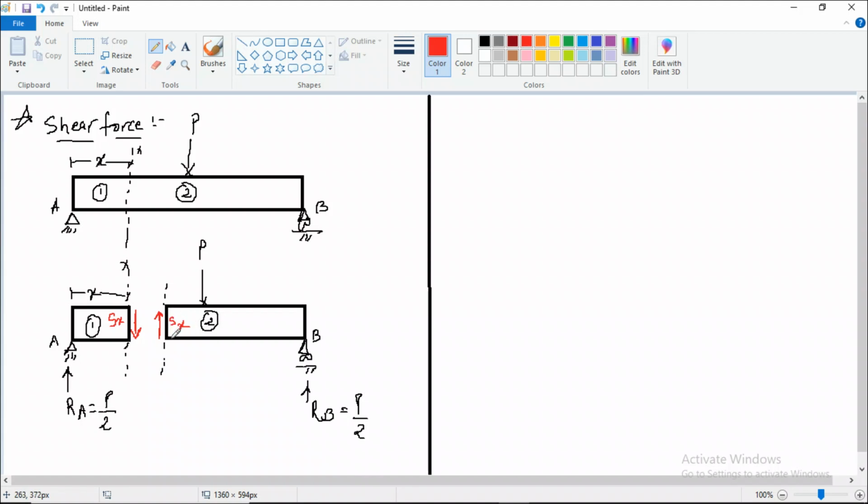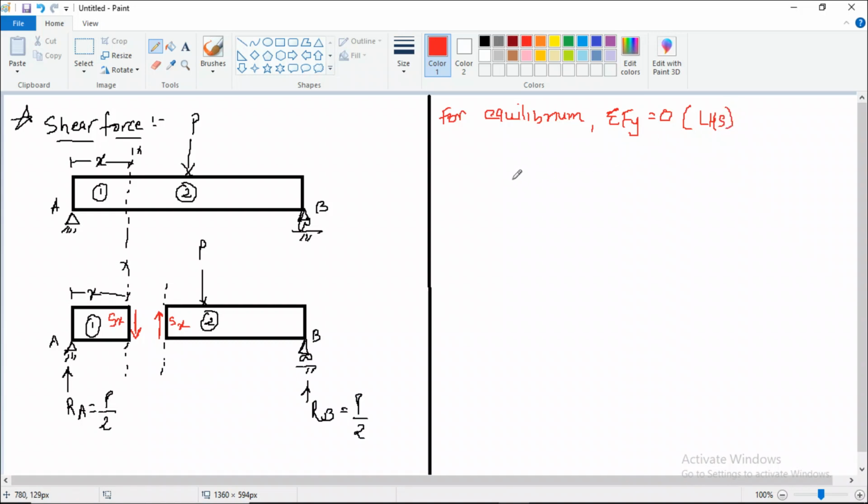So for condition of equilibrium, let us take summation of vertical force is equal to 0. So summation of Fy is equal to 0, and this we are applying on the left hand free body only. So only left hand side forces we are going to take.